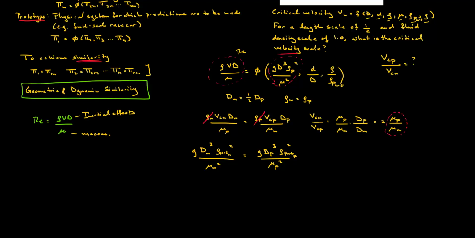So we can see that if we have a fluid density scale of 1, then our particle density scale will also be 1, and therefore these two terms will cancel out. Gravitational acceleration is the same for both the prototype and the model, so we can solve for mu m over mu p.